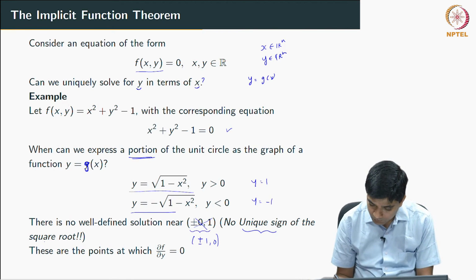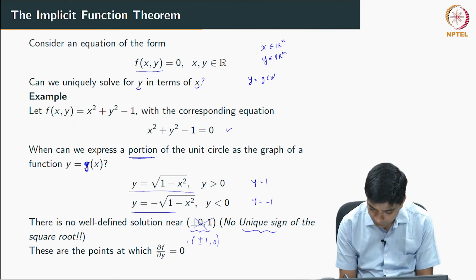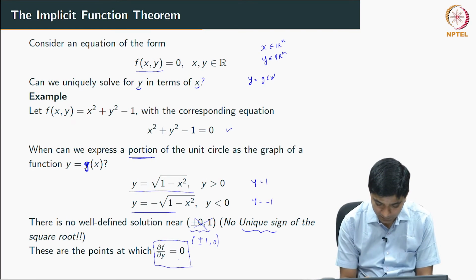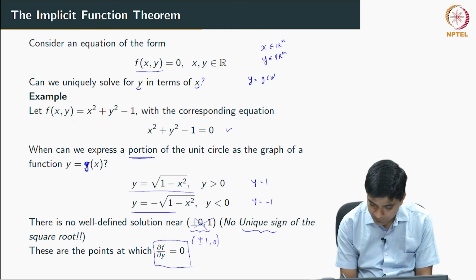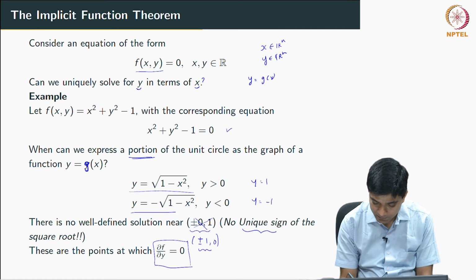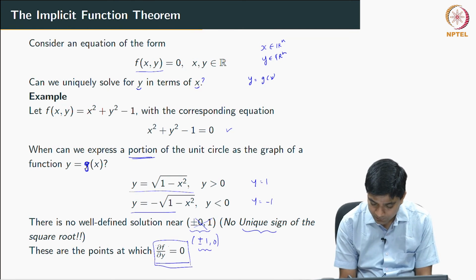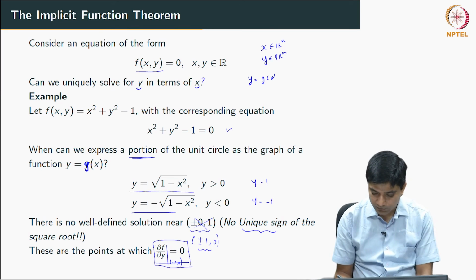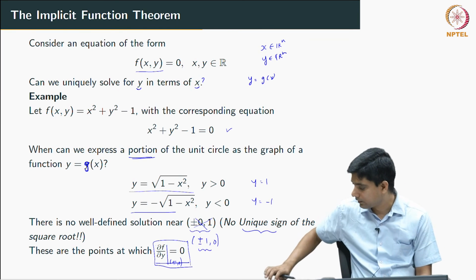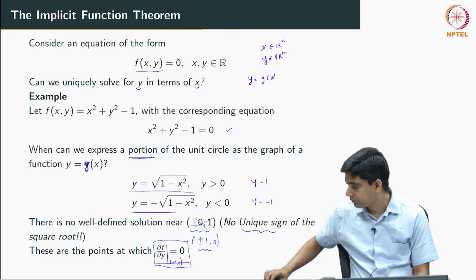Now a close observation, which we will try to justify in a more general setting, is that these points, where no unique sign of the square root happens, are precisely the points where the partial of f with respect to y equals 0. This is at plus or minus 1 comma 0. So this is a little motivation for the implicit function theorem.